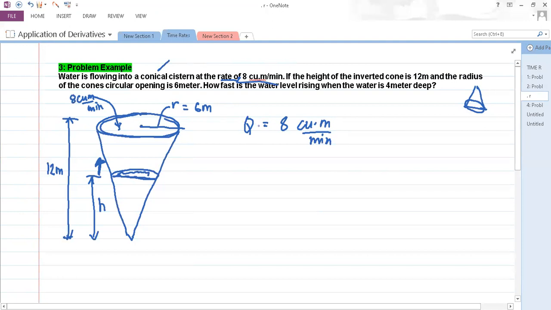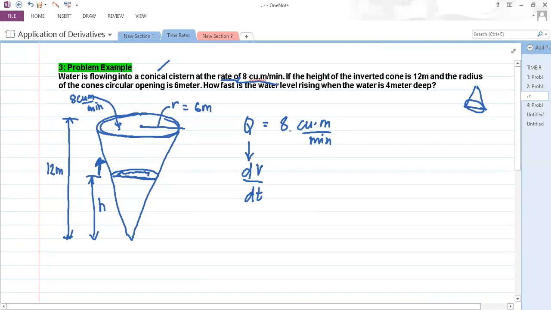This flow rate is actually the derivative of the volume of this cone with respect to time. Yung flow rate natin, that is the change of the volume of the cone with respect to time. That is 8 cubic meter per minute.